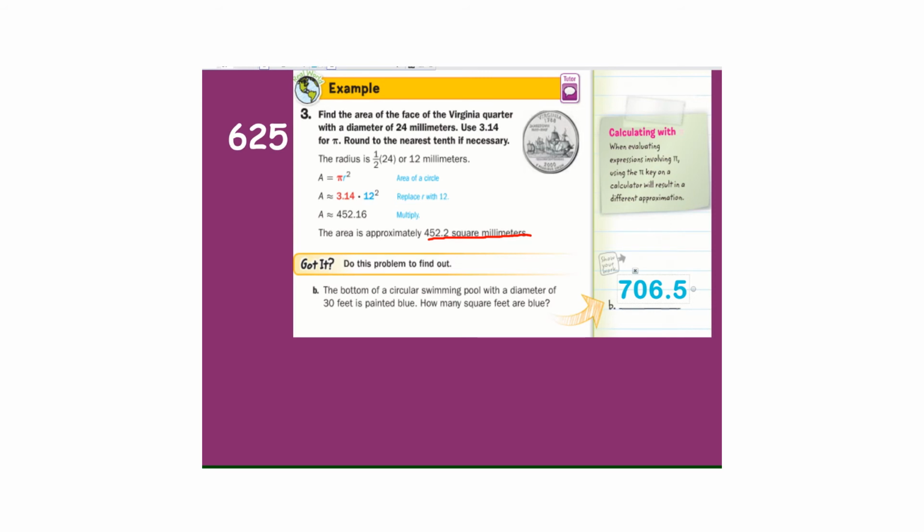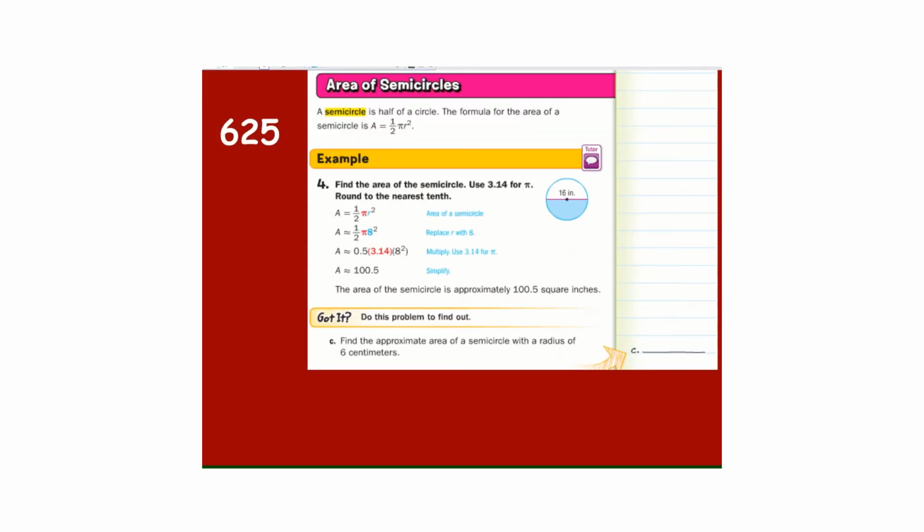All right, next page. Down at the bottom half of the page, 625. A semicircle is half of a circle. So basically find the whole circle and then divide by 2. They have the formula there, half of pi r squared. So find the area of this semicircle. Use 3.14 for pi. So if the diameter is 16, that means the radius is 8.